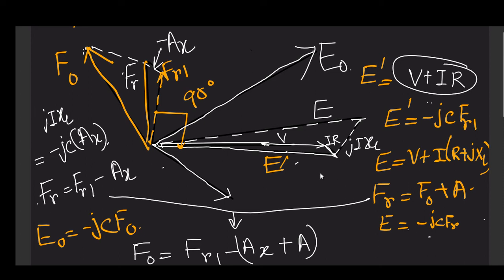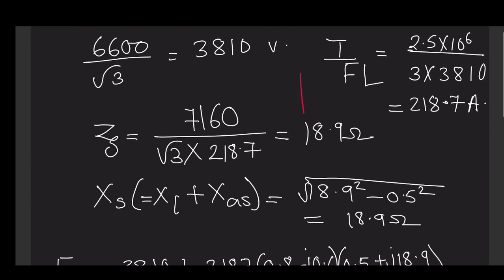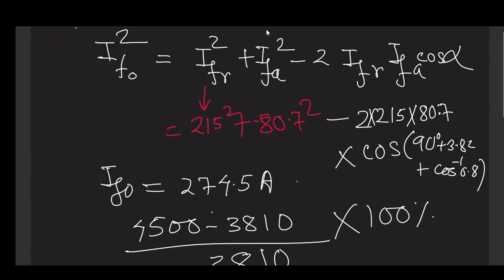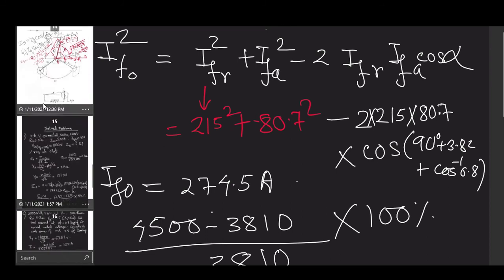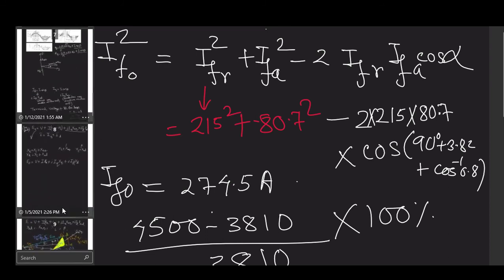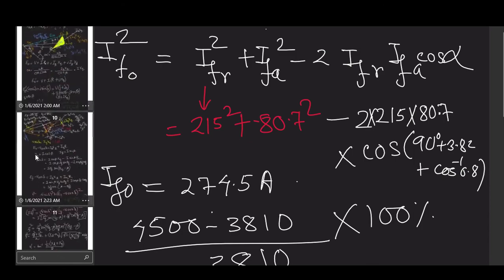Since your R is very small and during your short circuit test V is 0, we can neglect IR and consider that the total drop is taking place across, what we used to do for your zero power factor. Where is that zero power factor?